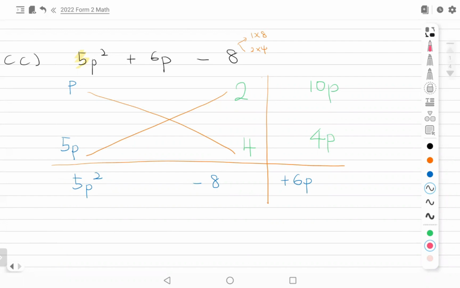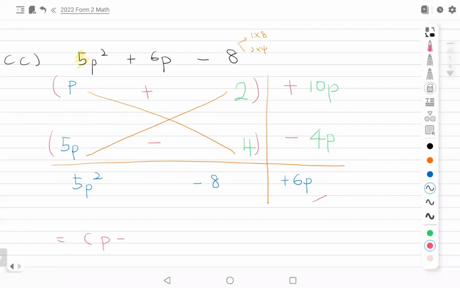Okay. Yeah, Irvin, yes, correct. So this one is positive 6p. So positive 10p minus 4p. 10 minus 4 is positive 6. Okay, then correct already. Insert the symbol in the middle. Insert the bracket.